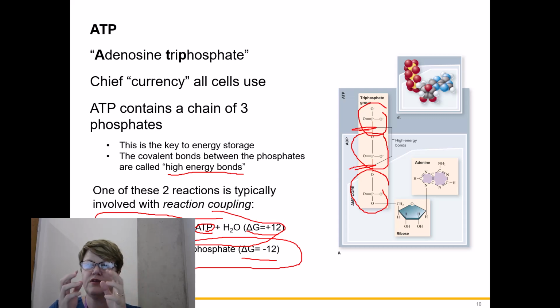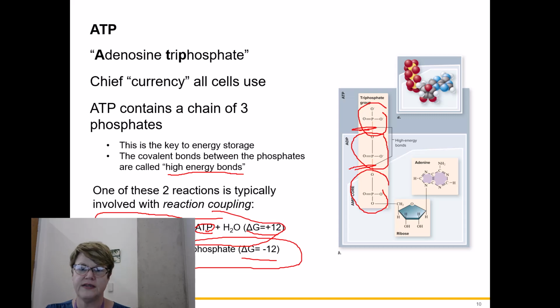ATP can be made from its component pieces, which are called ADP, adenosine diphosphate. That would be adenosine with 2 phosphates only. And then one more phosphate. When that is joined together, that's a building reaction, and that requires 12 units of energy. But then the exact opposite reaction, you start with that ATP, that last phosphate is broken off, and that releases 12 units of energy.